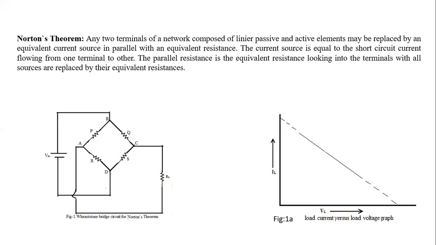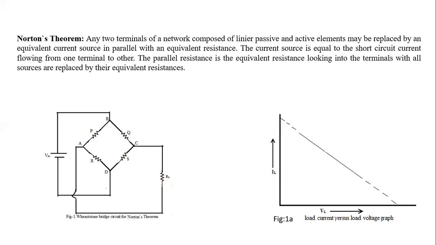Now again we have to redraw the circuit with each practical source replaced by its internal resistance. So we replace Vin with its internal resistance, and we measure the total resistance of the circuit as seen from the load side, and that is RN.